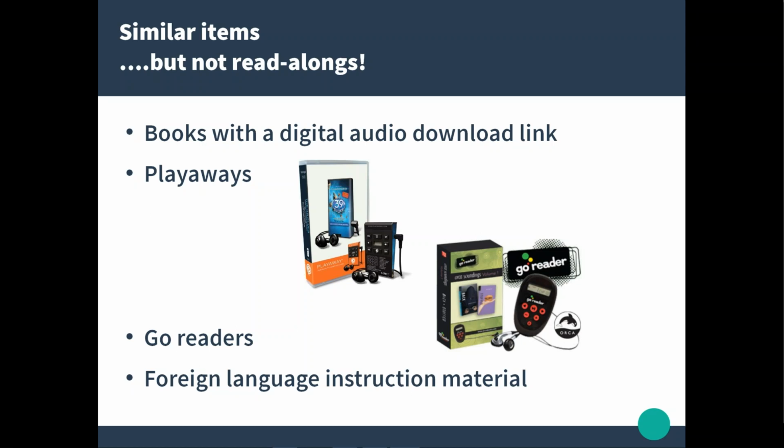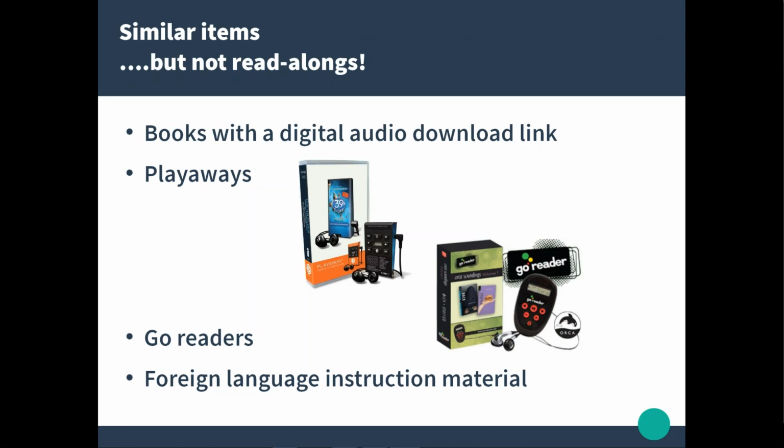Generally, it is quite obvious what that item is. And of course, with foreign language instruction material, very often the sound recording does not match exactly what's written in the book, or the written text of the item.